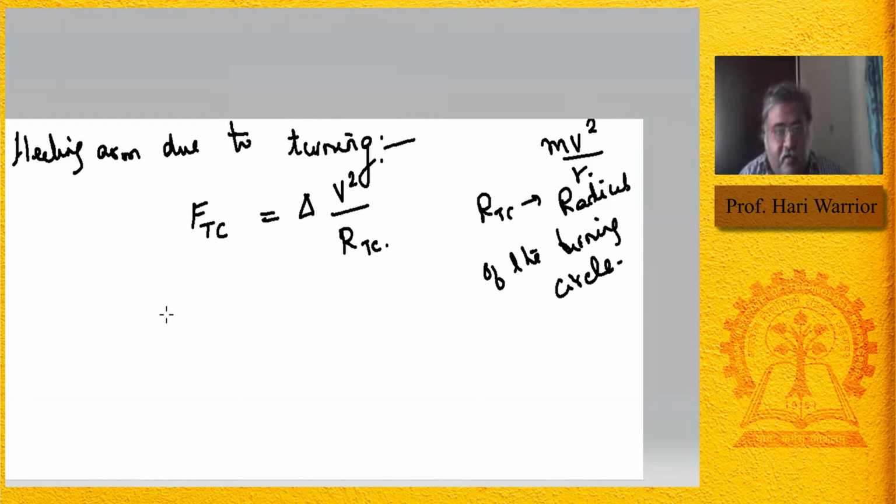In this case there are two forces. When the ship turns, it experiences the centrifugal force, which pushes it to move in a direction, and the water opposes it.